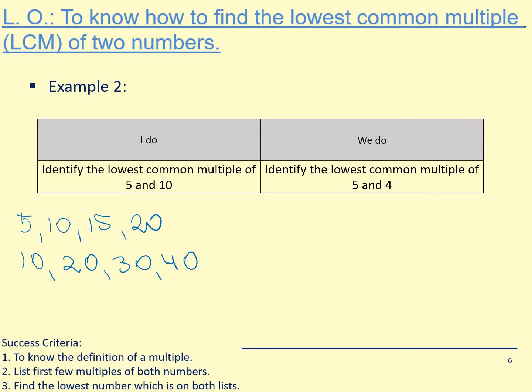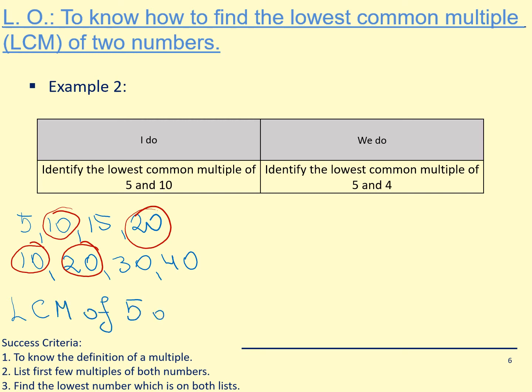I can see that I have 10 on both of these lists and 20, but 10 is smaller, or lower, so the lowest common multiple of 5 and 10 is 10. Okay, now pause this video and have a go at your turn.